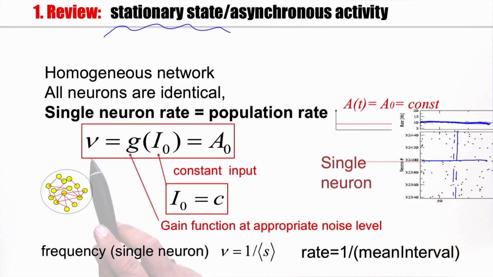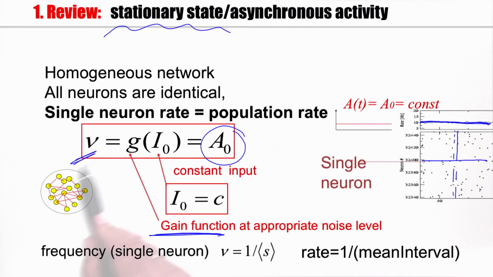That means that the population activity is equal to the single neuron rate, but the single neuron rate can be calculated from the gain function, the frequency versus current curve of the neuron. And therefore, we can predict the population activity from single neuron properties. The mean firing rate, this frequency, can be defined as the inverse of the mean interspike interval.